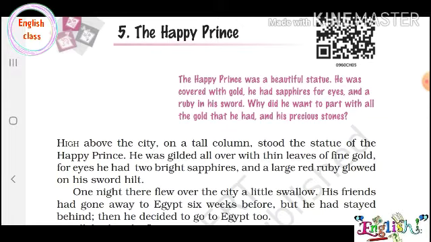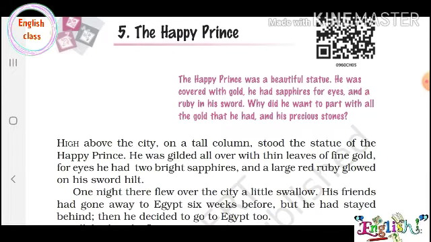So here there was a statue of happy prince on a tall vertical post, and that post column was made of stone, and the statue was covered with thin lips of gold.